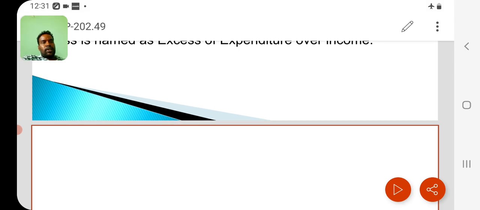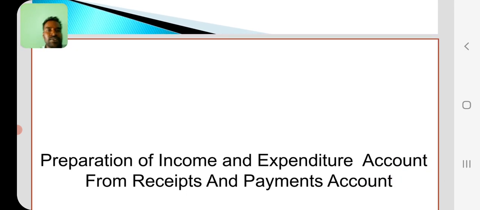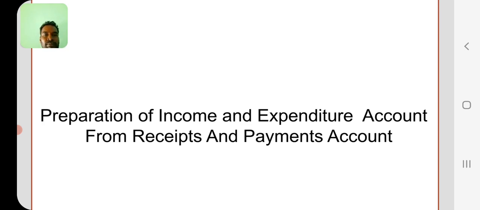The receipts and payments account follows the cash account rule, same as the cash book prepared in a trading organization. It follows the real account rule, that is, debit what comes in and credit what goes out. Whatever receipts come to the organization should be debited, and whatever payments are made by the organization should be credited in the receipts and payments account.